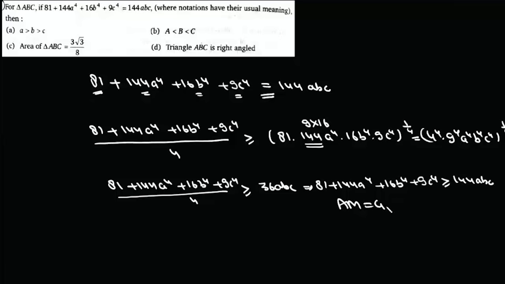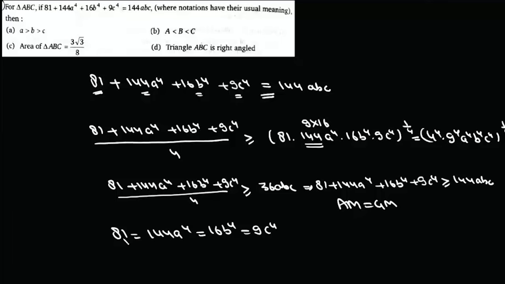But in the question we are given that there is an equality sign, and we know that AM is only equal to GM if and only if all the numbers are equal. That means 81 must be equal to 144 a to the power 4, and it is equal to 16 b to the power 4, that is equal to 9 c to the power 4.